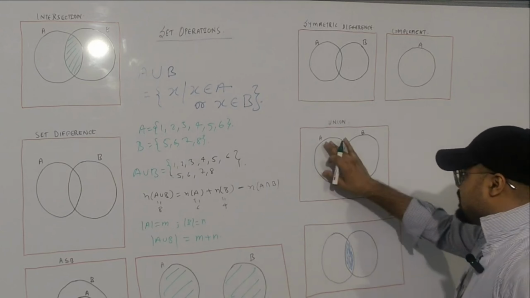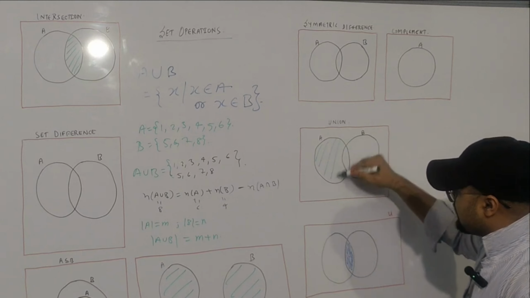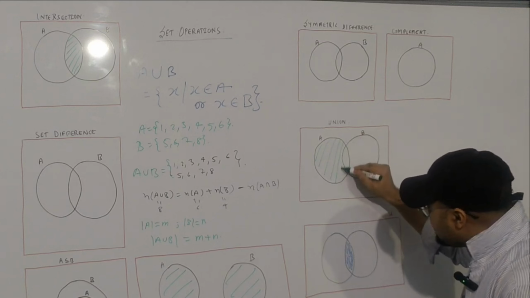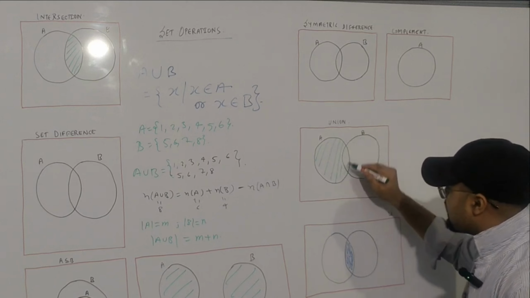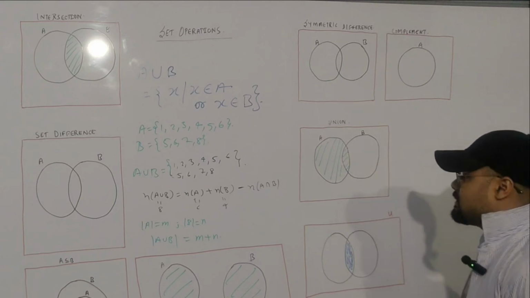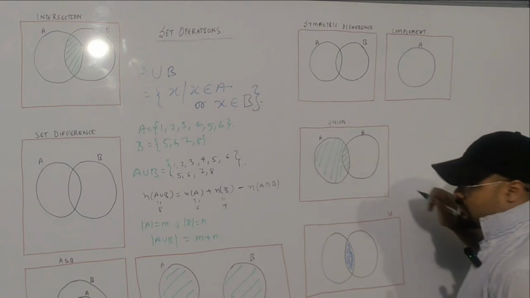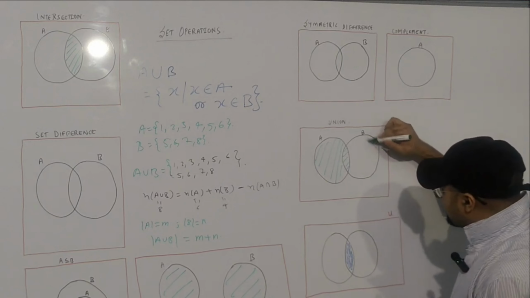I want everything, right? A and B. While listing all the elements of A, you have included these elements. Now you want every element of B also.